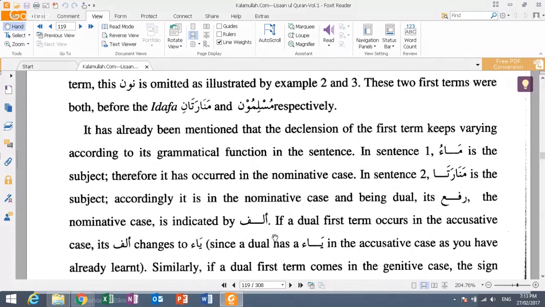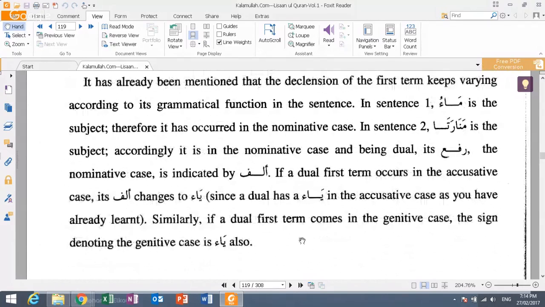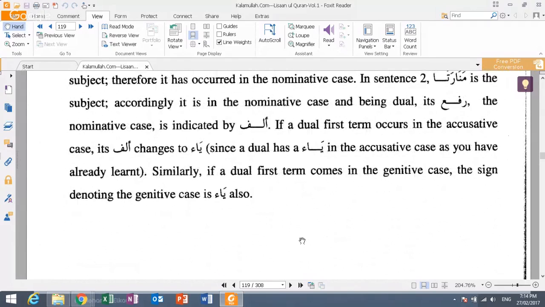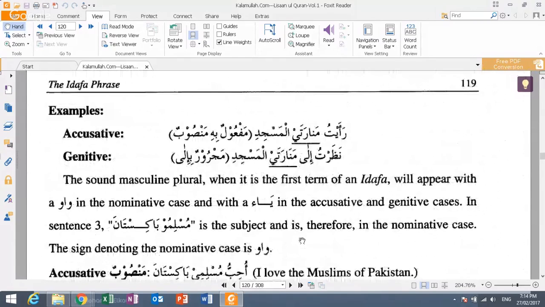If a dual first term occurs in the accusative case, its alif changes to ya, since a dual has a ya in the accusative case, as you have already learned. Similarly, if a dual first term comes in the genitive case, the sign denoting the genitive is also ya. We already read this. For example, Ra'aytu manaratayil masjidi.